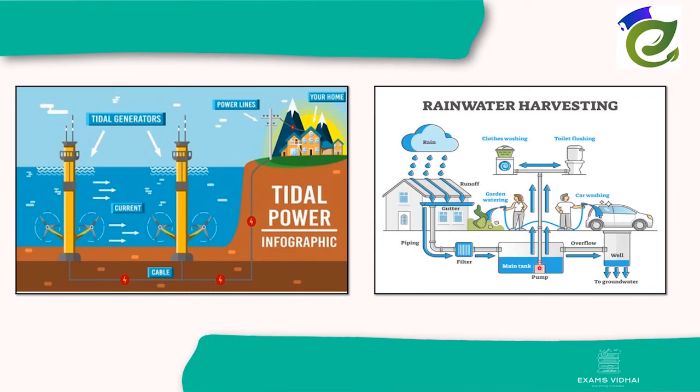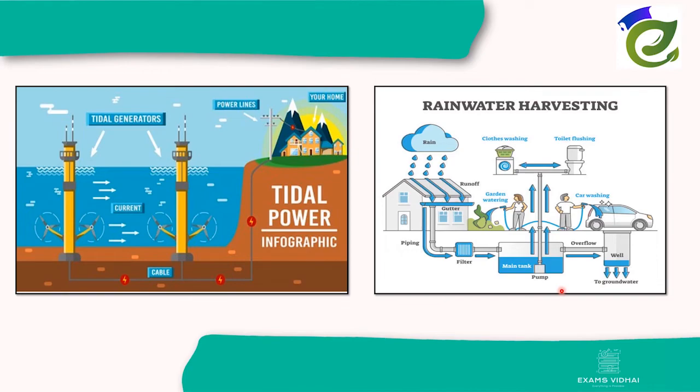Instead of a storage tank, water can also be transferred to pits in the ground from where it seeps into the soil. This seeped water gets added to groundwater, and so the level of groundwater increases. In both ways, we can prevent water from flowing away.